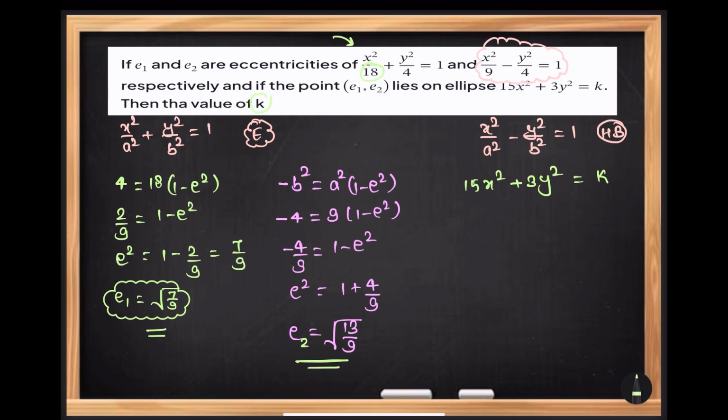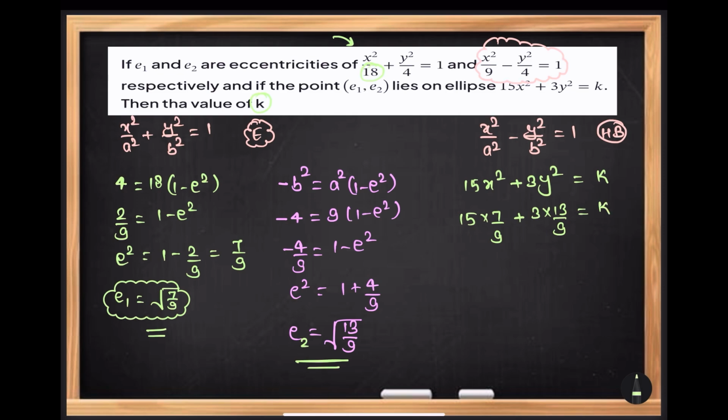Then find the value of k. So what we have to do, just replace E1 with x. So it's 15 into 7 by 9 plus 3 into E2, 13 by 9. Okay, so we will get the value of k.